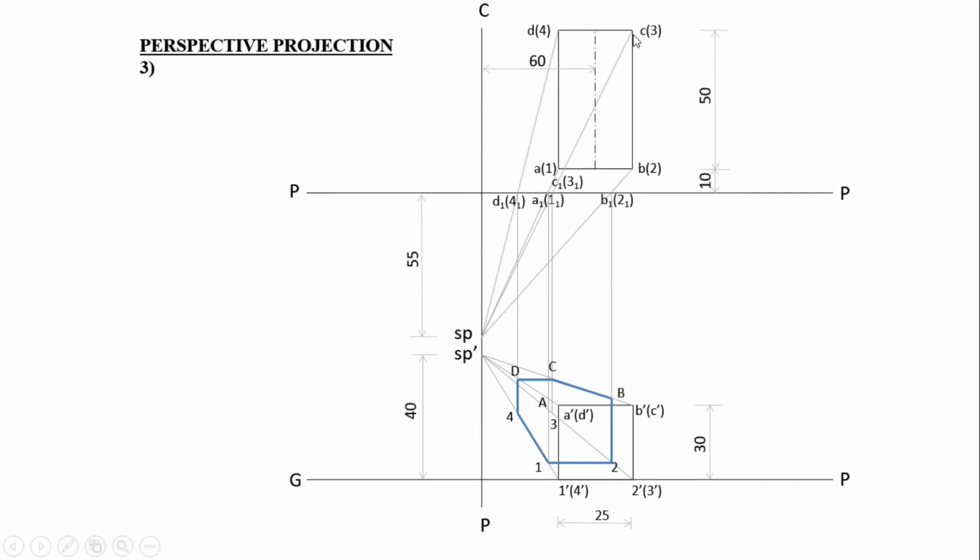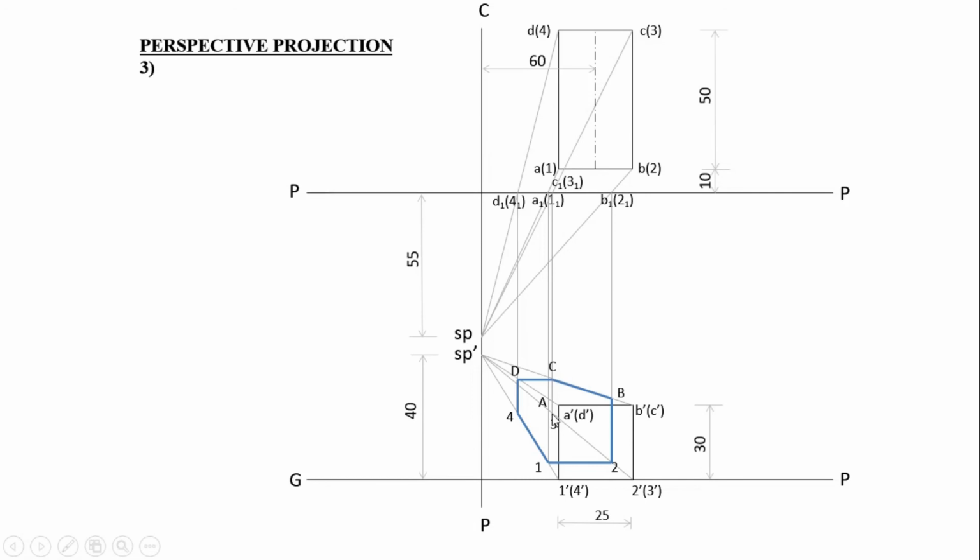So all the edges starting from that particular corner. In this case, C and 3 are the farthest, out of which C is already drawn. So the other corner is point 3.